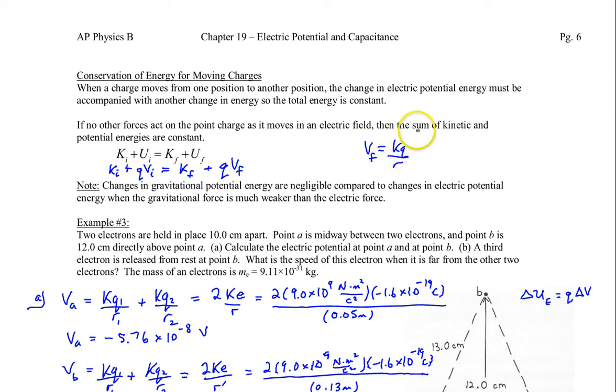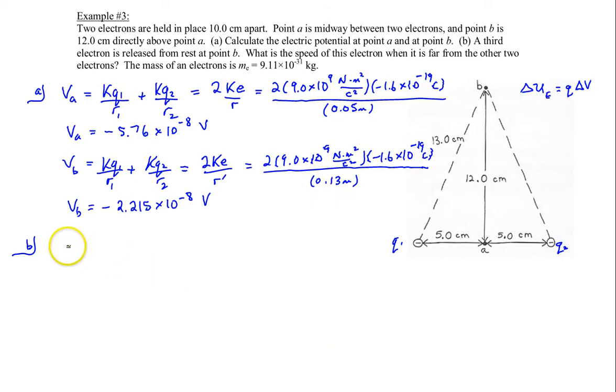So let's go back down to the problem, and we're going to write our statement of conservation of energy. That means the kinetic energy initial plus the electric potential energy initial is equal to the kinetic energy final plus the final electric potential energy. You need to write that statement because you're essentially telling the grader that you know that energy is being conserved.